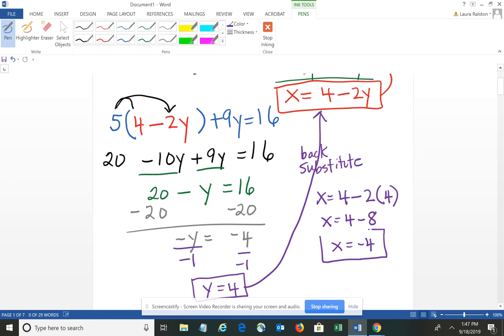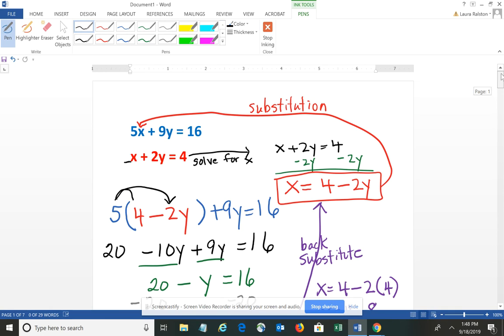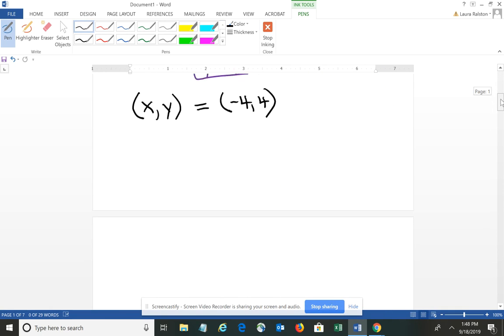Now, typically, because you have two variables, this answer would be expressed as an ordered pair. Ordered pairs are written x, comma, y. So we would have -4, 4. I can verify that this is the answer by taking that ordered pair and substituting it back into the original two equations.